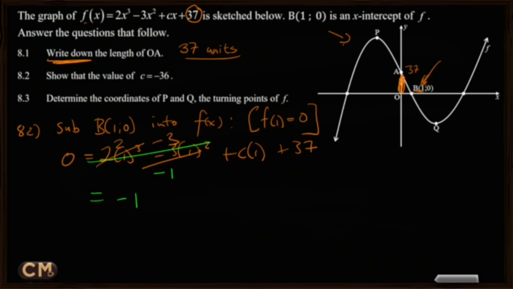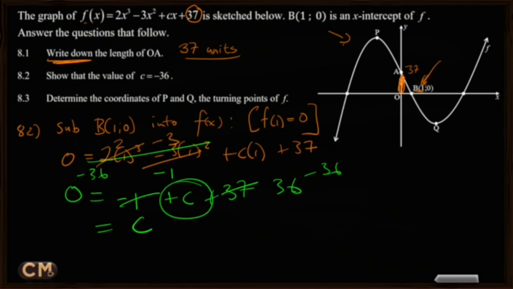So we'll have minus 1 plus c plus 37, all equal to 0. If we clean this up, we get 36, and then we subtract 36 from both sides. Thusly, c is equal to negative 36. And would you look at that? That's exactly what they wanted.